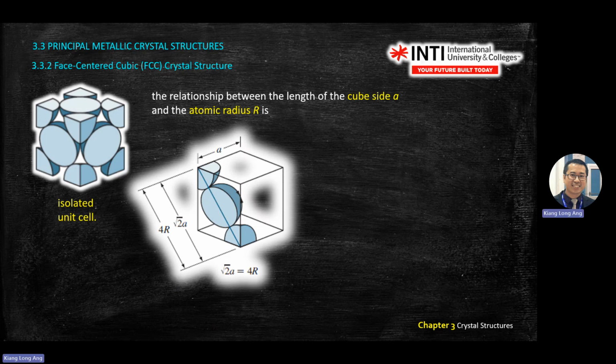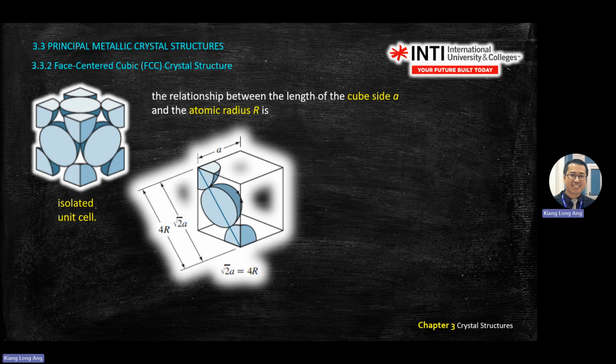Then you know the radius, you compare to the sphere. From one corner to the other corner, the total is 4r, correct? Equate these two values, you get a new equation for FCC. FCC is a bit simple. 4r equals square root of 2a. Move the a, you get a = 4r over square root of 2.